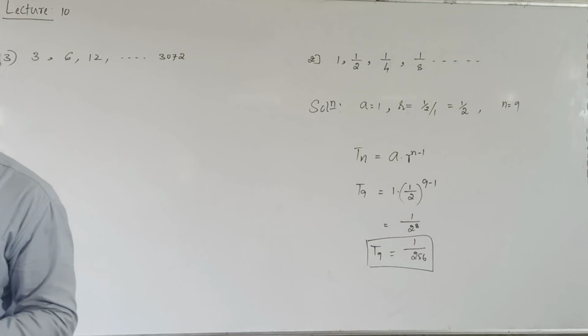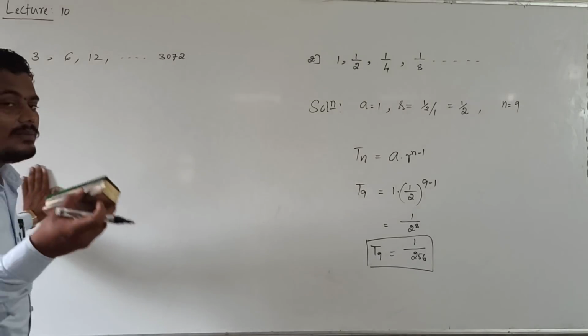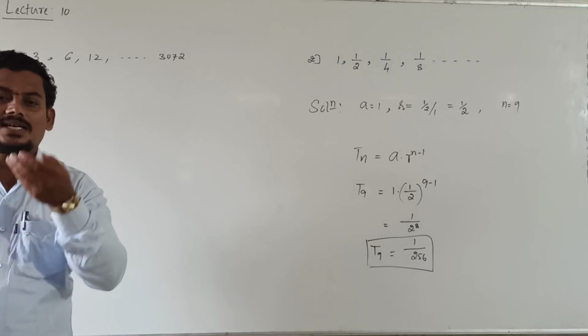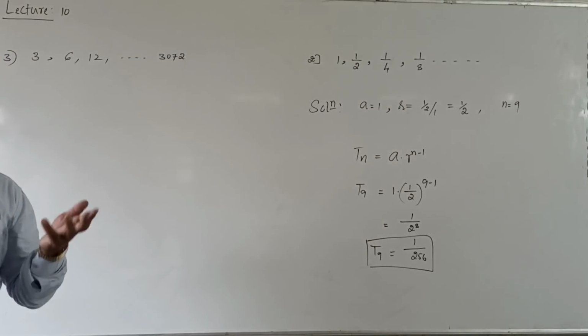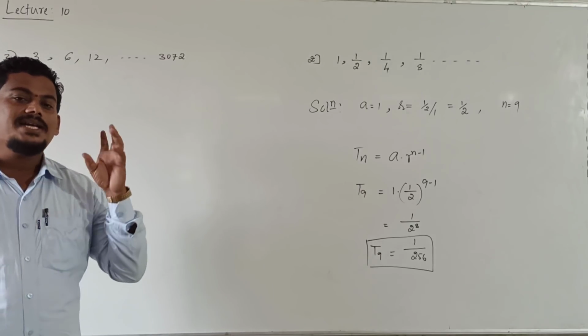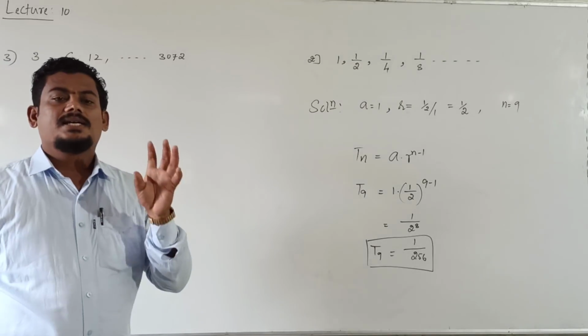Find the fourth term from the end of this GP. Fourth term from the end, not from the beginning. Suppose they asked fourth term, then it is from the beginning. In this case, particularly given, find the fourth term from the end, not from the beginning.